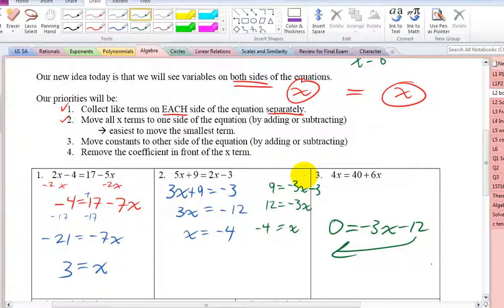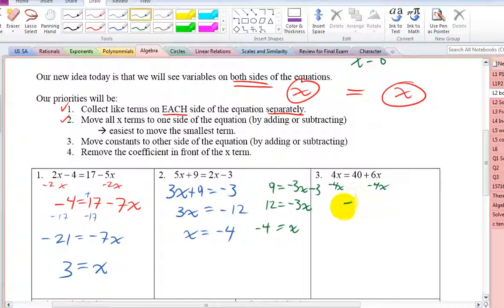Okay, so first of all, we add or subtract, and then we multiply or divide on which step? The last step. Okay. Okay, what about this? 4x equals. Well, what I see a lot of people do is they move the 4x. So let's practice that because that's the hardest step.